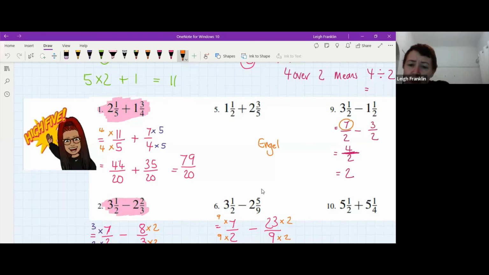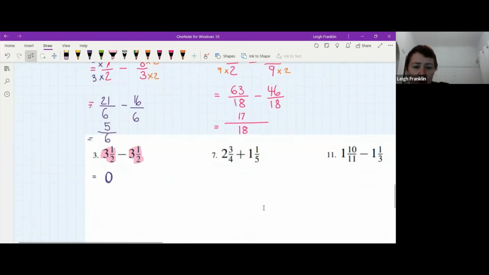To make 3.5 into an improper fraction, you take the denominator 2, you times it by the whole number, and then you add the numerator. That tells us what to put in the numerator. So that's where the 7 comes from. Same story with this 3 over here. 2 times 1 is 2, plus 1 is 3. That's where it comes from.